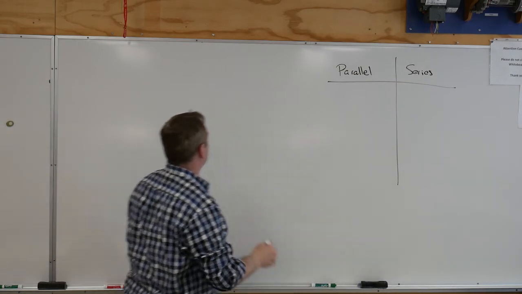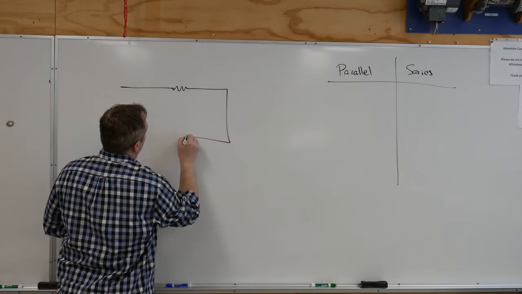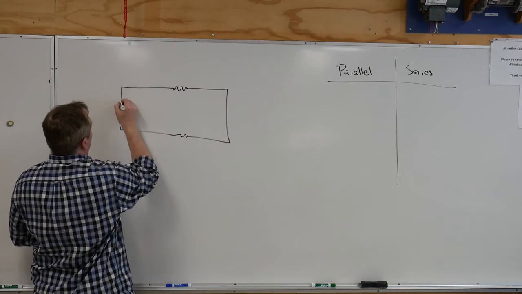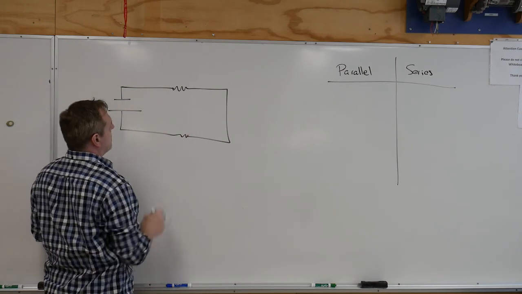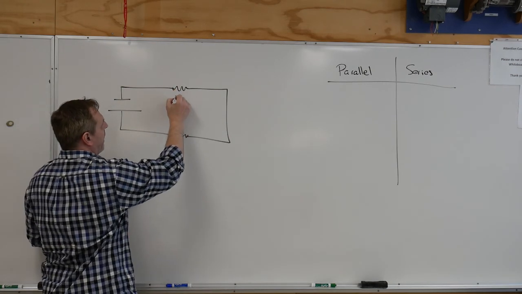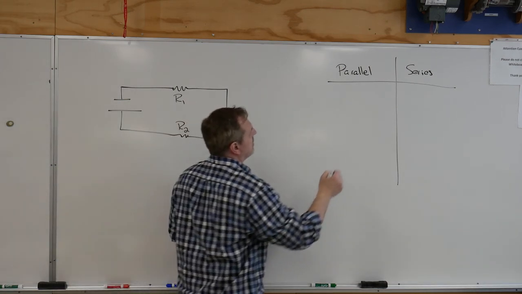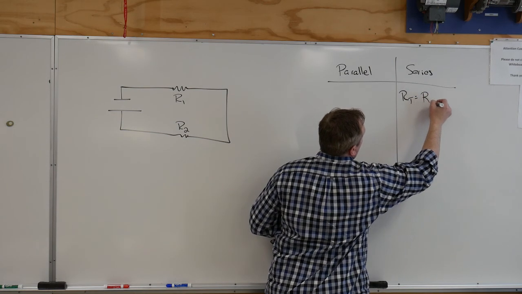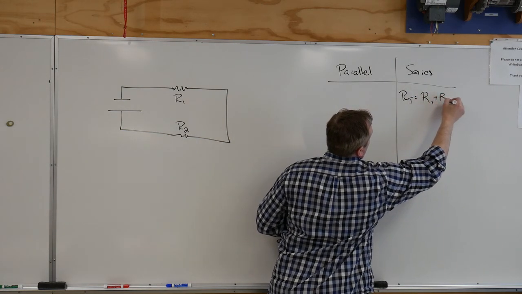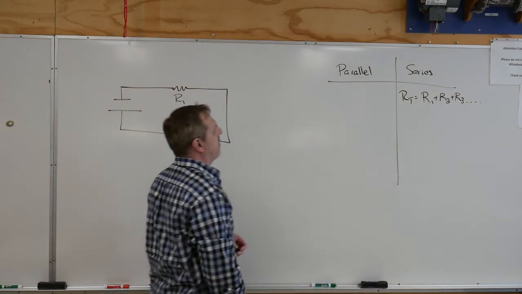Now if we think about a series circuit, we knew that the total resistance was the sum of adding up R1 plus R2. So R total is equal to R1 plus R2 plus R3 and so on and so forth.